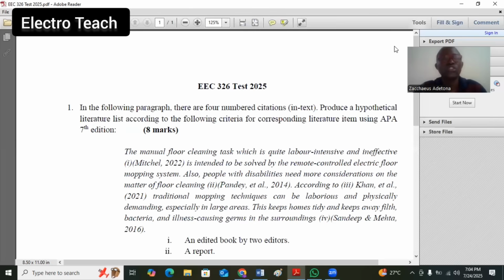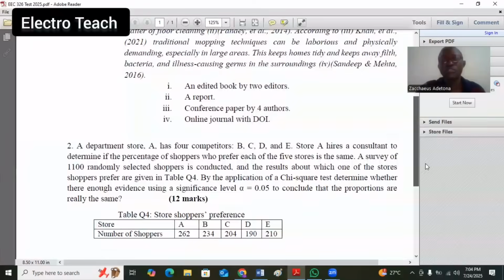So in addition to problem 1, which is based on technical report writing, basically literature citation, problem 2 is on research, and expects candidates to do this within about 50 minutes. About 50 minutes is given.